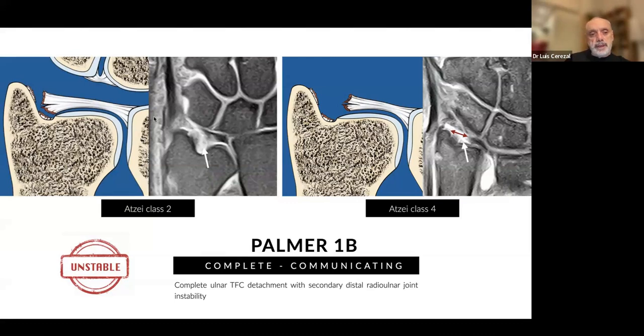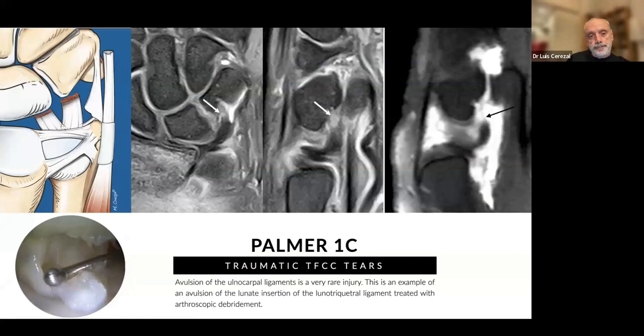We could have some indirect signs, like in this irreparable injury at arthroscopy, a marked retraction and thickening of the TFC, but the final demonstration of the capacity to differentiate between reparable or not reparable is only possible at arthroscopy.